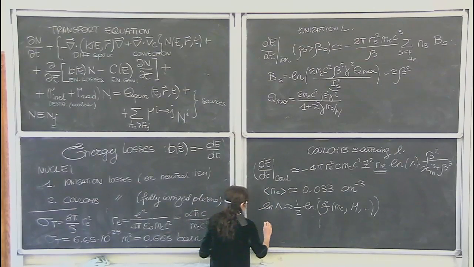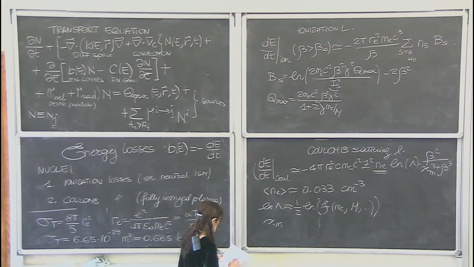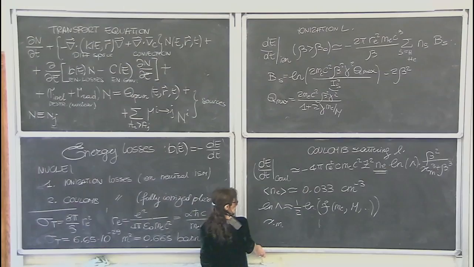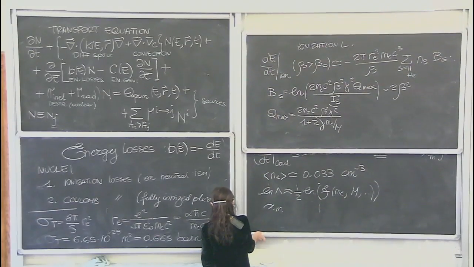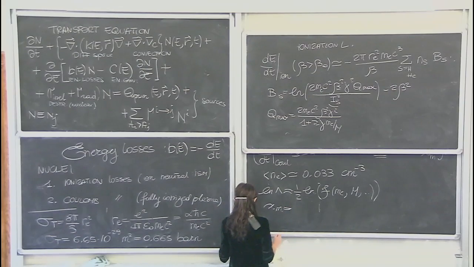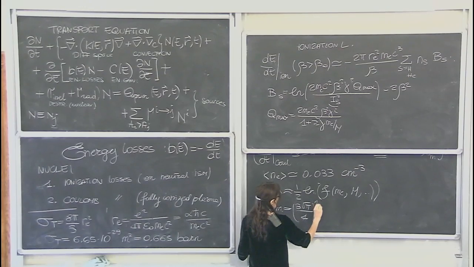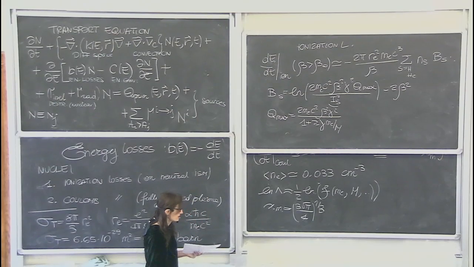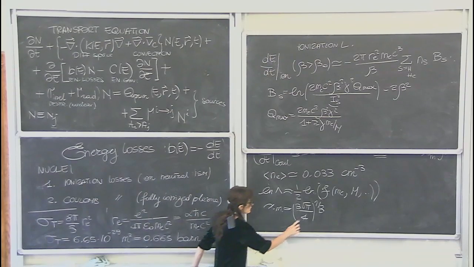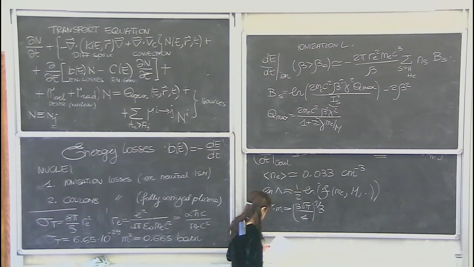But instead, this quantity that is written here, which is xm, is given by a coefficient, a number, which is 3 times square root of pi divided by 4, taken to the 1/3, so a number.